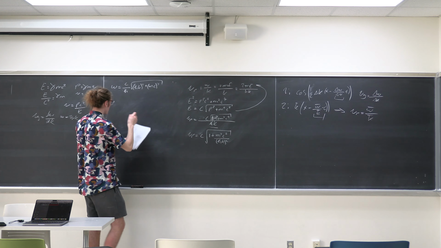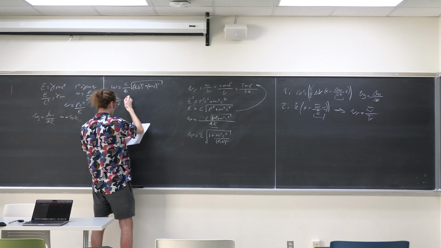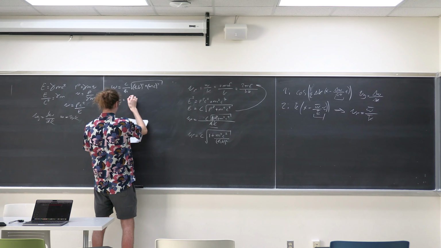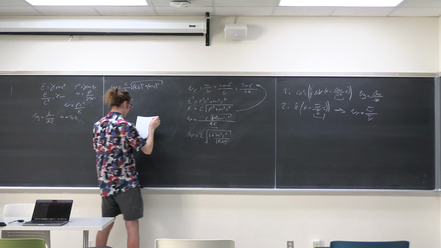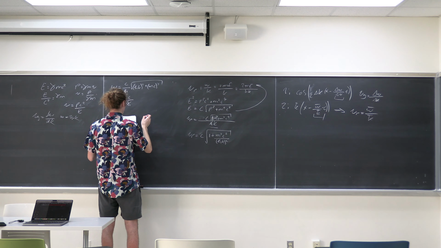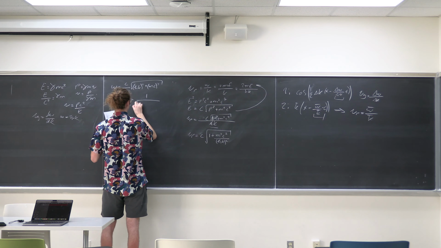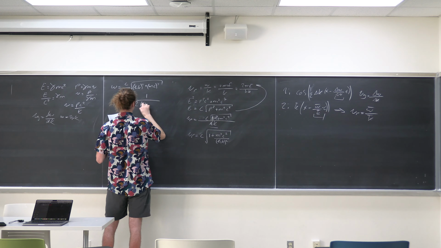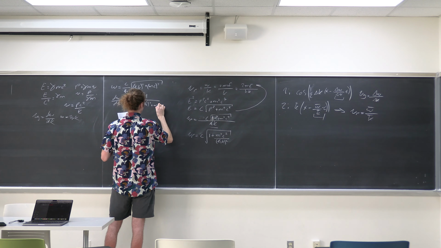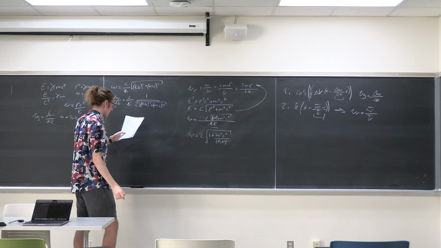Okay, now applying the derivative, we get dw with respect to k is nothing but c over h bar. Obviously for the square root, we'll do 1 over 2 times the square root of (h bar k) squared plus (mc squared) squared, like that.